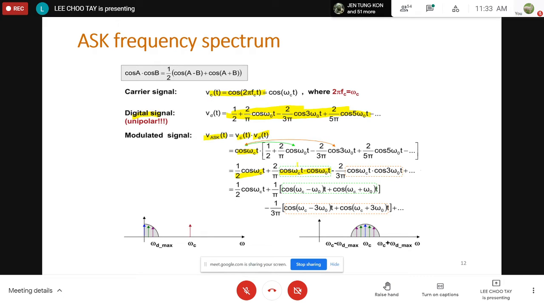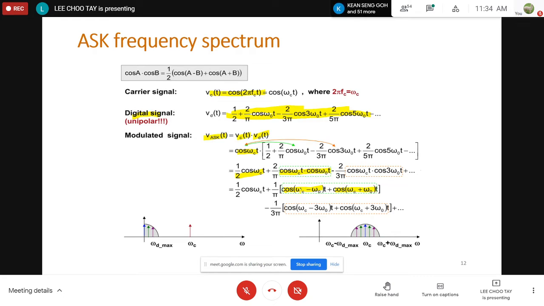Again, we're going to make use of our trigonometry identity here: cos A cos B equals half of cos(A minus B) plus cos(A plus B). So again the common factor is 1 over pi. This will give you cos(omega c minus omega naught)t, and also cos(omega c plus omega naught)t.